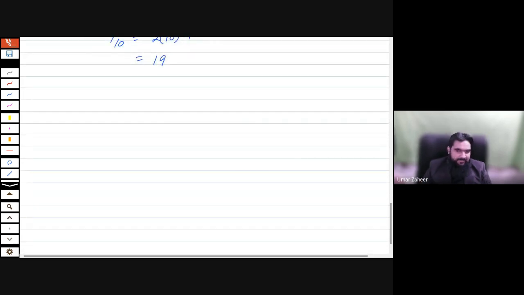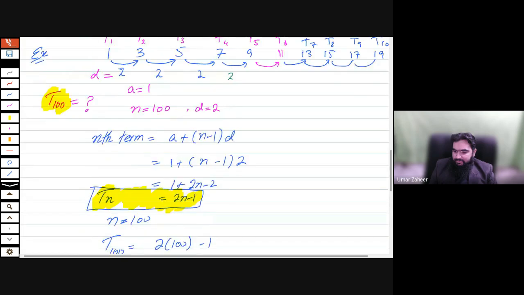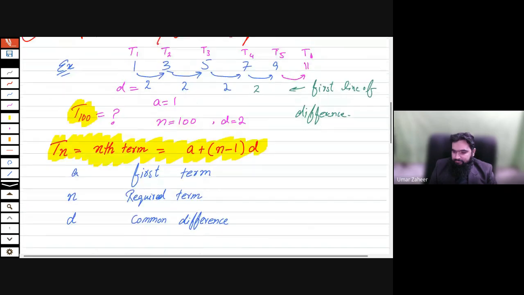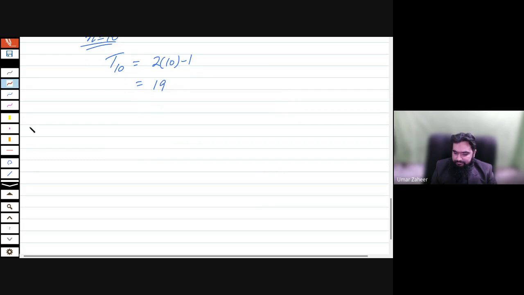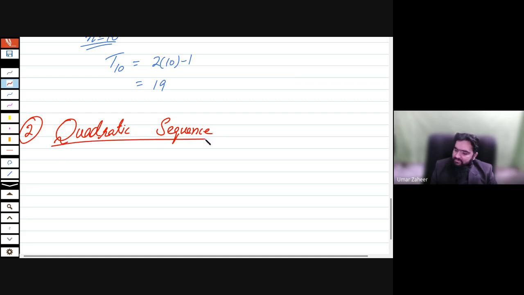We'll do more examples, but first of all, we have to discuss all of these sequences. So we have the second sequence, that is the quadratic sequence.